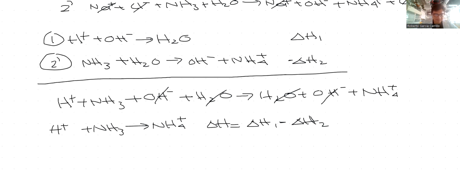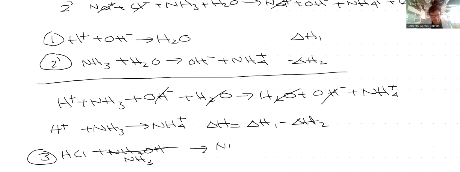And if we remember in the other experiment, we were looking at hydrochloric acid plus this, which is actually in solution NH3, goes into ammonium chloride.